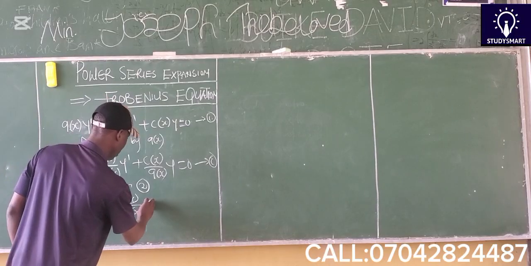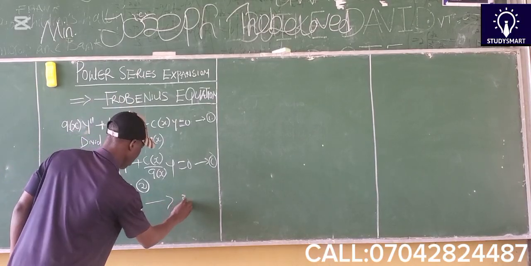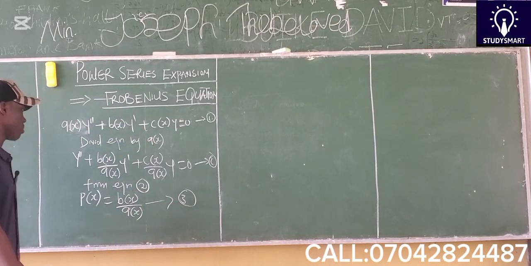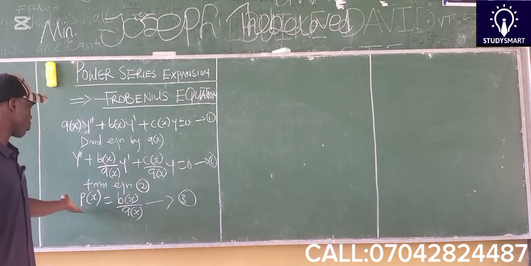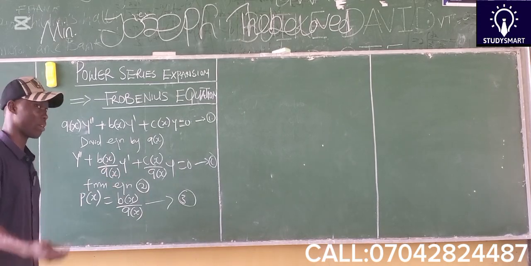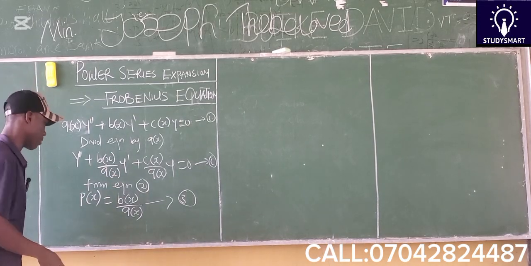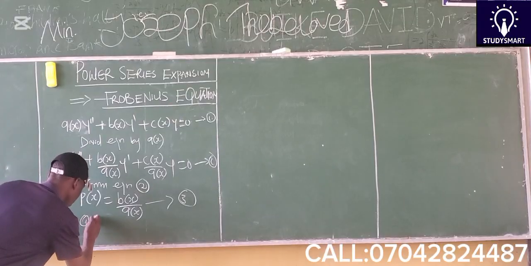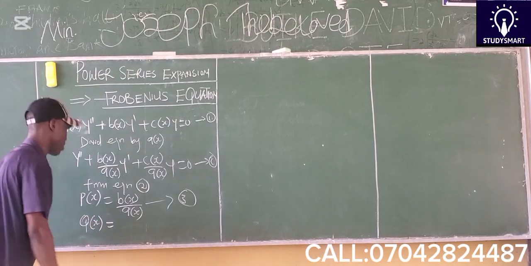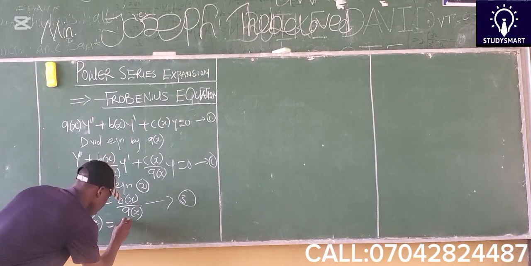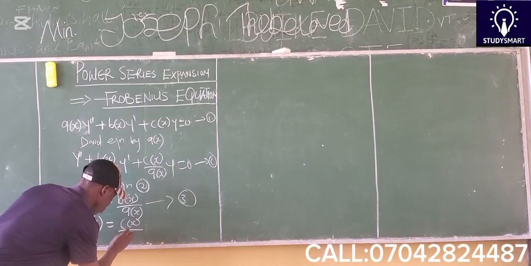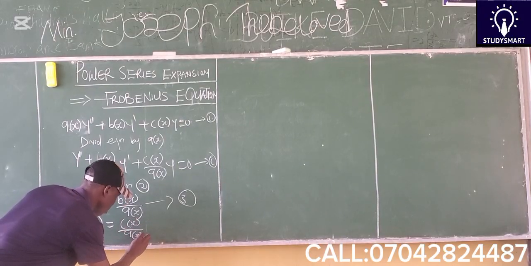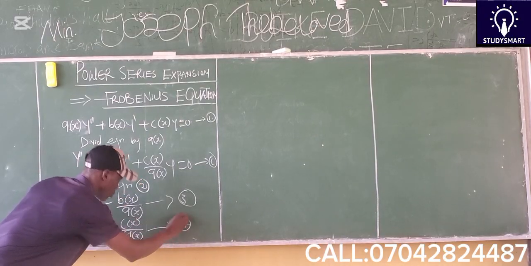We can call this equation 3. Similarly, let's give the next one another letter, q of x. Q of x is equal to c of x over a of x. We can call this equation 4.